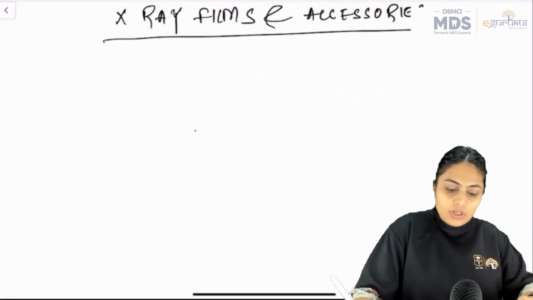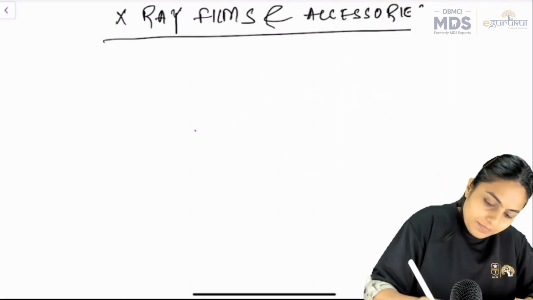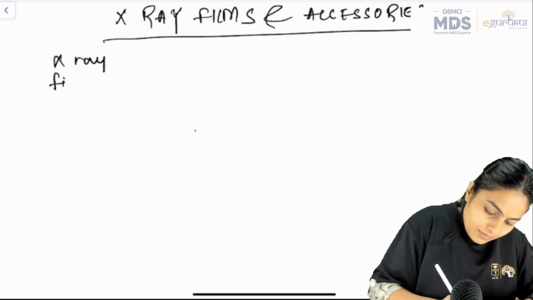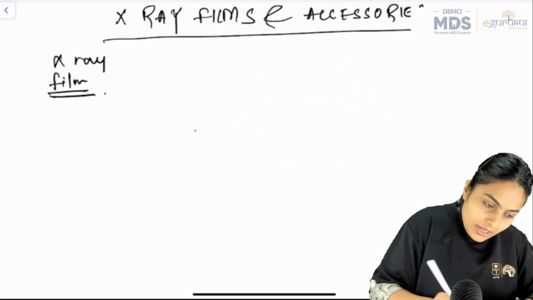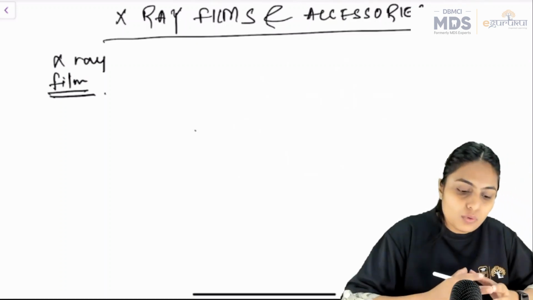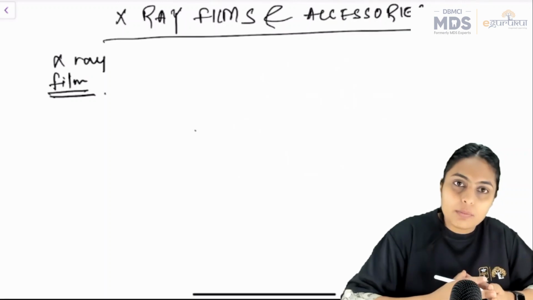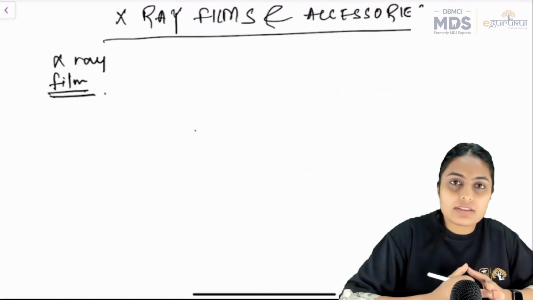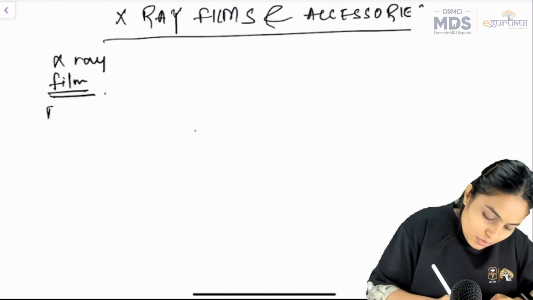Okay, now what is X-ray film? Basically, X-ray film is the object which is used to record the information regarding the object through which X-ray is passing. So it is just used to record the information.